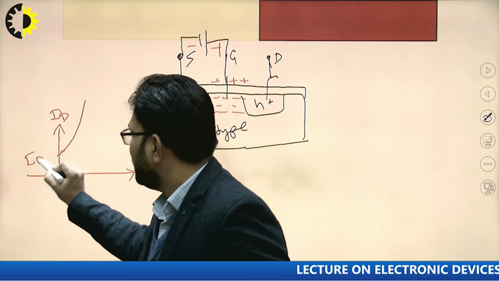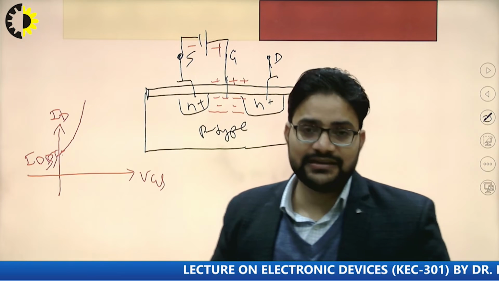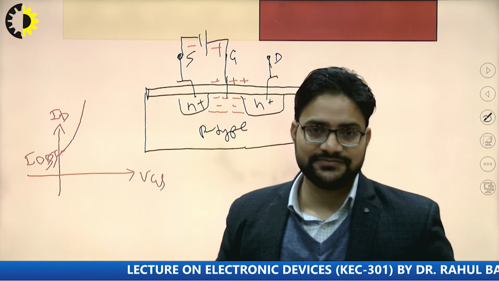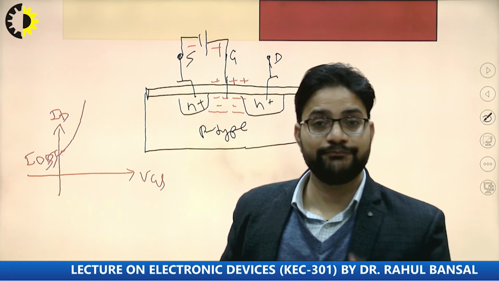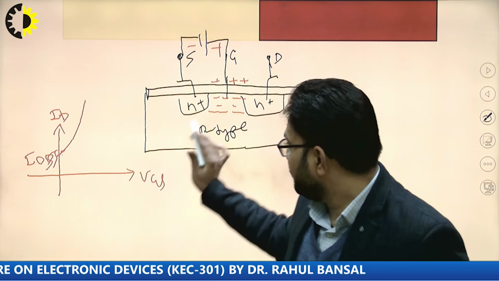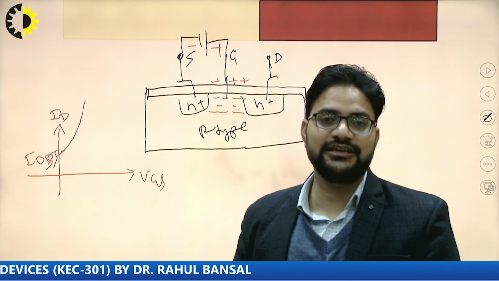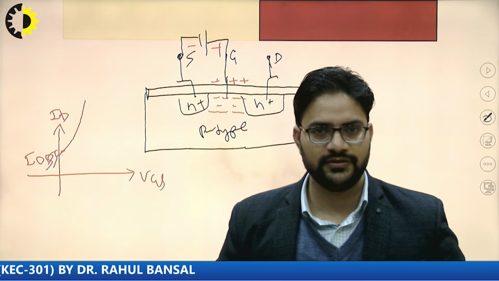And the drain current will be greater than this IDSS value for the positive value of VGS in this case. This type of MOSFET is called the depletion type MOSFET, which is working in the enhancement mode, right?